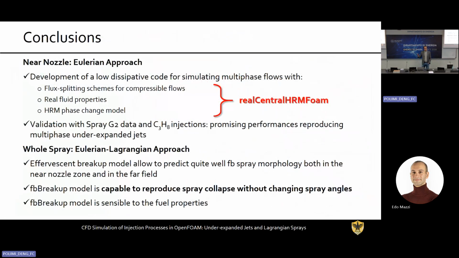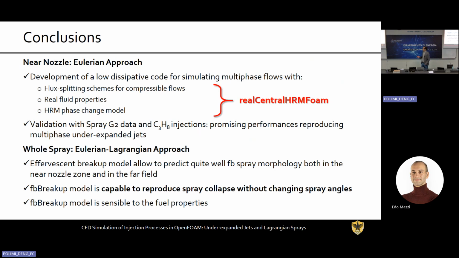So this presentation gave an overview of our activity in the CFD simulation of fuel spray. The first part regarded the near-nozzle finite volume approaches. We developed a low dissipative code for simulating multi-phase underexpanded jets, featuring flux splitting schemes for compressible flows, a fluid property package, and the HRM phase change model.